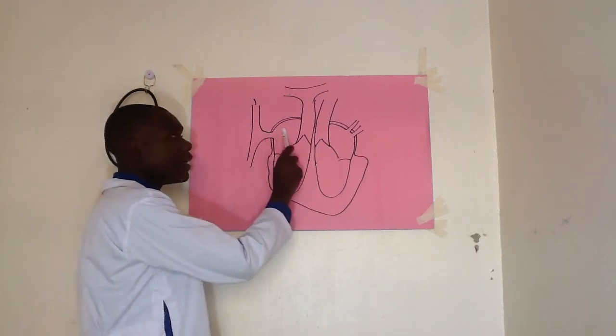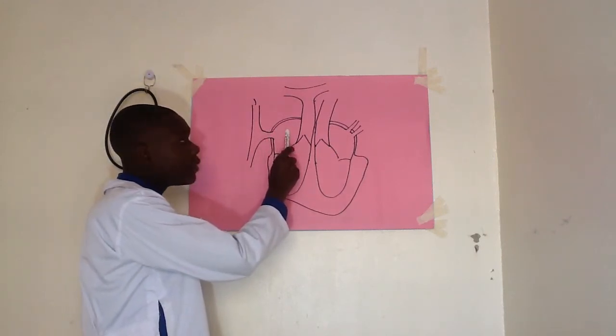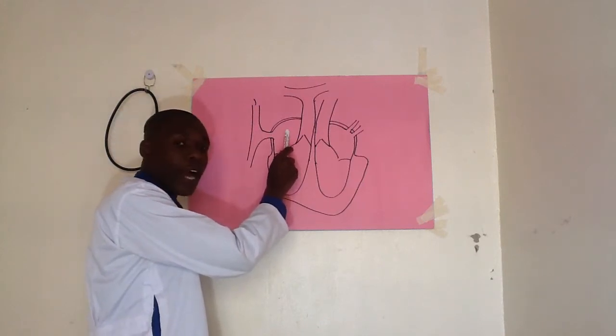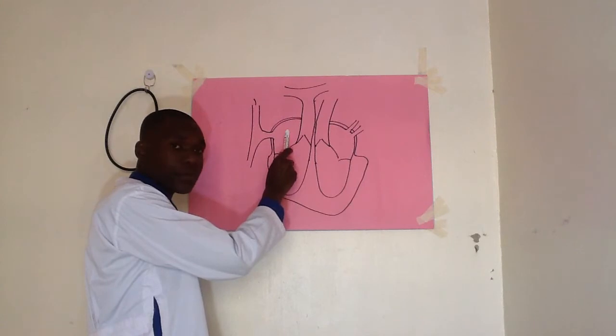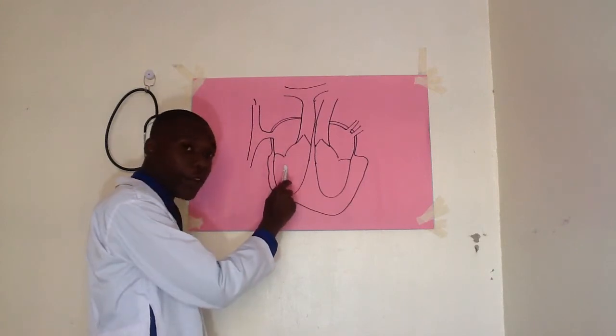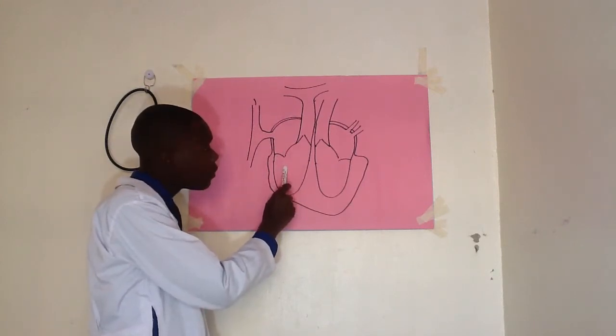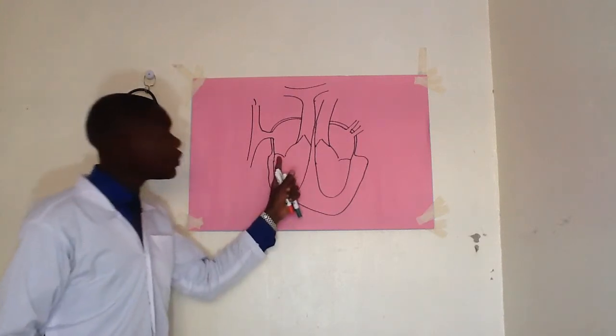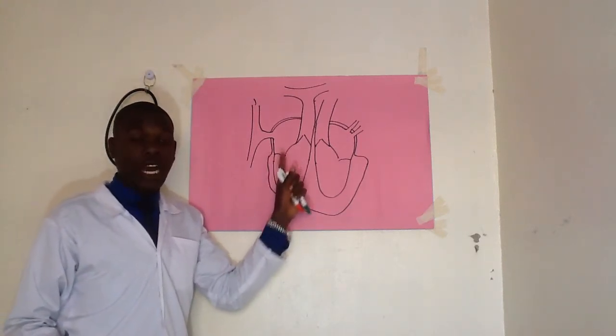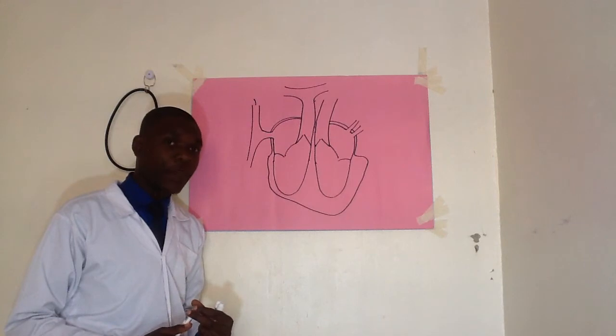This blood enters the right atrium to the right ventricle, passing across these valves, which are called the tricuspid valves.